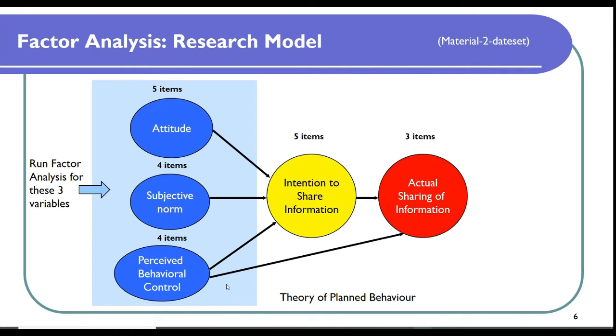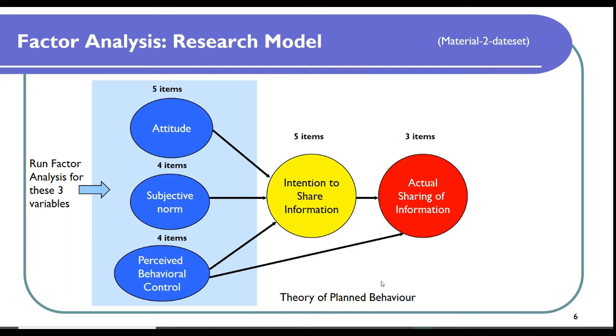Let's assume that we have 13 items, including 5 items for attitude, 4 items for subjective norm, and 4 items for perceived behavioral control. And we want to run factor analysis for these 3 variables. So let's get started.